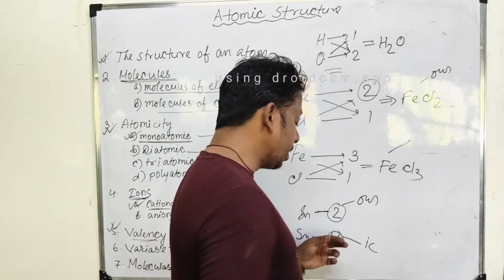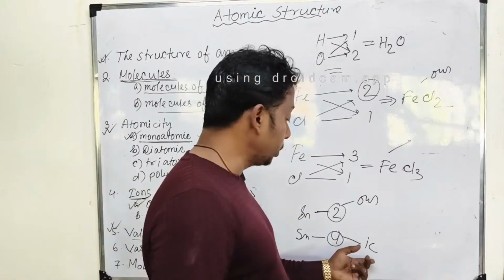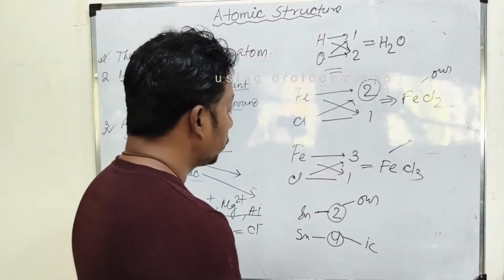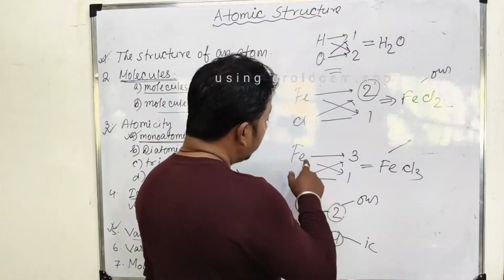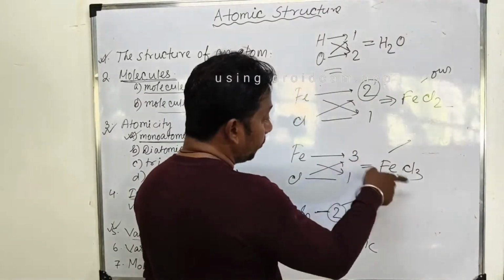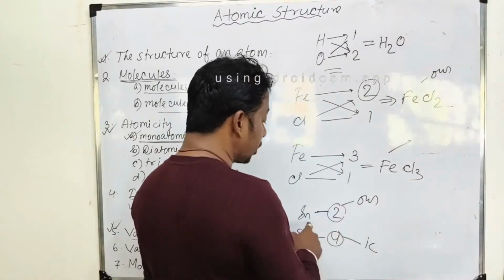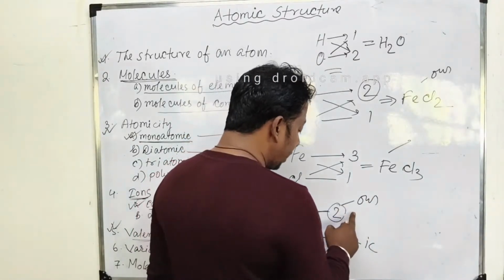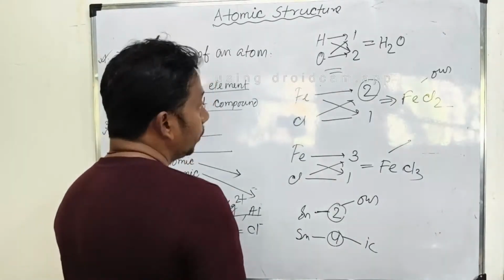Important is which one is lower, which one is upper. Lower valency always shows "ous", upper valency shows "ic". So that is why stannous, stannic. In the case of iron, 2 is the lower valency and 3 is the upper valency. In the case of tin, 2 is the lower valency and 4 is the upper valency.